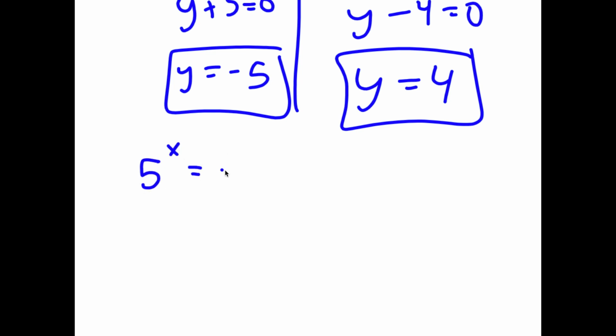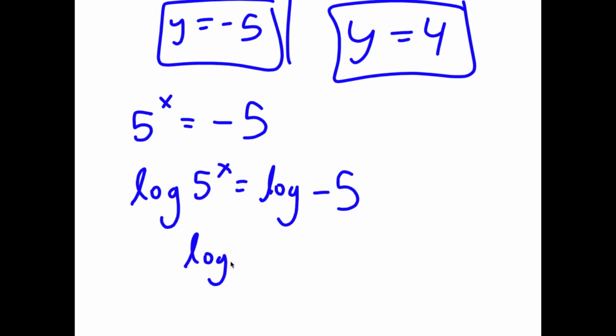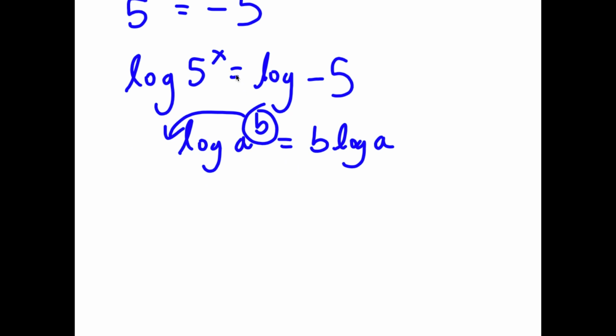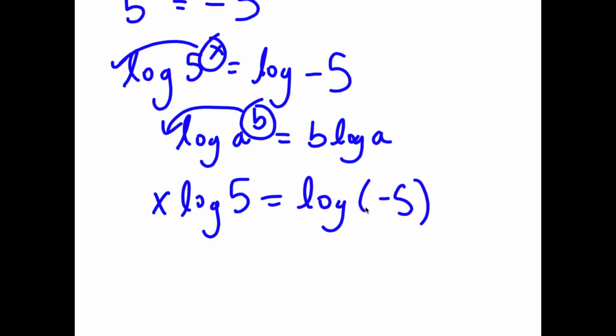So if 5 to the power of x is equal to negative 5, I'm going to start by taking the log on both sides. So I have log 5 to the power of x is equal to log negative 5. Now if I have something in the form log a to the power of b, I move this exponent b to the front. So this is equal to b times log a. So log 5 to the power of x, I can move x to the front, so now I have x times log 5 is equal to log negative 5.